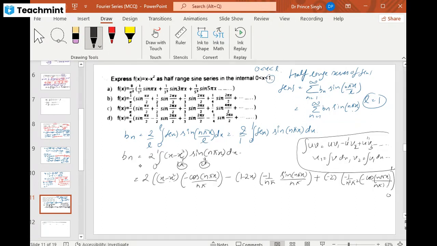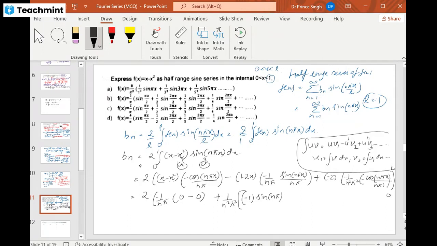Okay, so if we substitute the limit 0 to 1, we have 2 times minus 1 upon n pi as it is. If I substitute upper limit 1, 1 minus 1 is 0. And if we substitute 0, this is again 0. Now come to the second term. Minus minus is plus 1 upon n square pi square. Now if I put upper limit, 1 minus 2 is minus 1 times sine n pi.